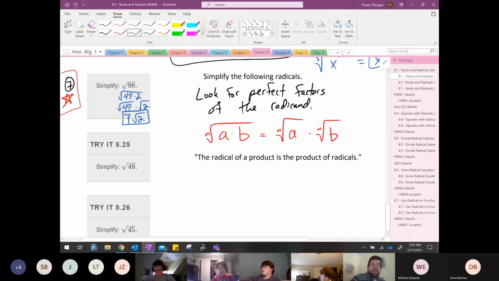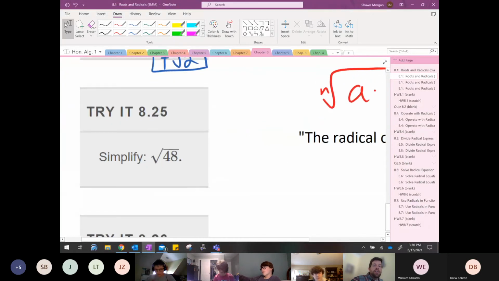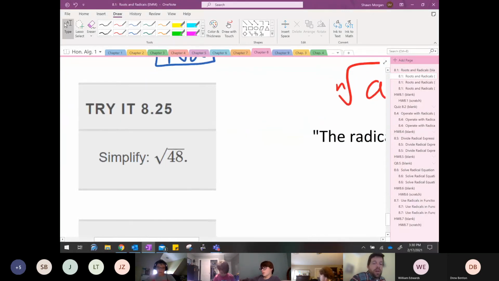Okay. Now, I want us to try this kind of together as a group. I did the first one. We will do the second one, and then you will do the third one here. Look at 48. Okay, Tiago, how do you want to split up 48? 24 times 2. Okay, fabulous. 24 times 2 works.